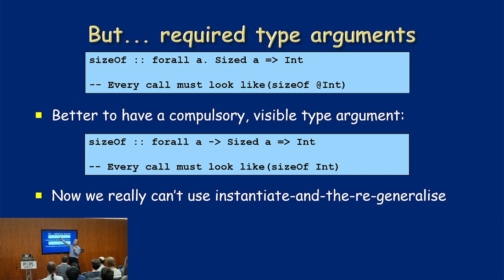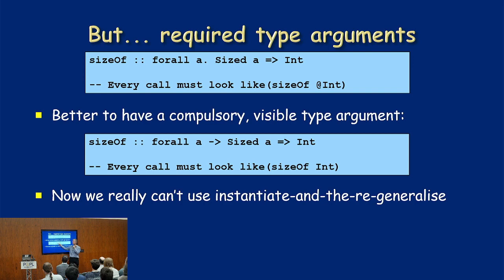Well, since there is no a to the right-hand side of the double arrow, really every call of sizeof must specify the type at which we're instantiating sizeof, right? So every call of sizeof would have to go sizeof at blah, right? And it would be quite nice to make that explicit. So we'd like to give sizeof the type forall a arrow, and in Haskell now we're notating this forall a arrow rather than forall a dot.